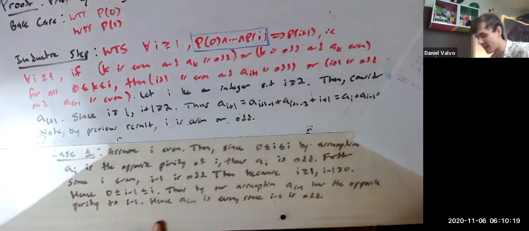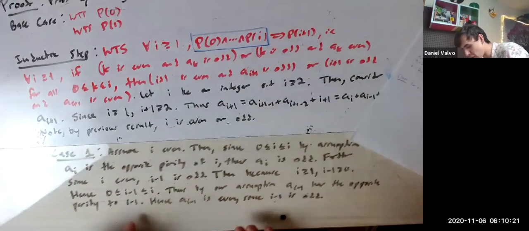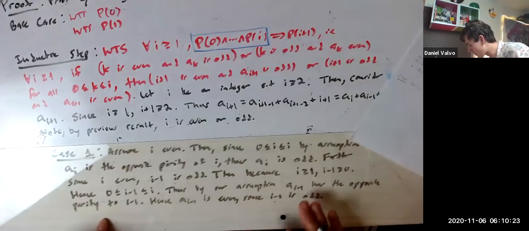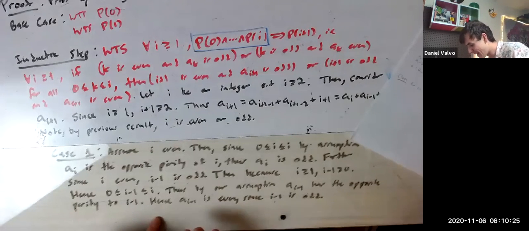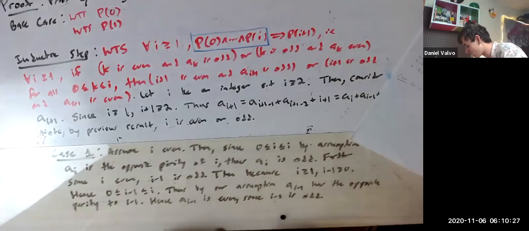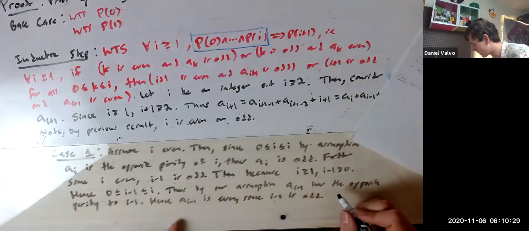But anyway, so the point is, a of i minus 1 is the opposite parity to i minus 1. Hence a of i minus 1 is even, since i minus 1 is odd.